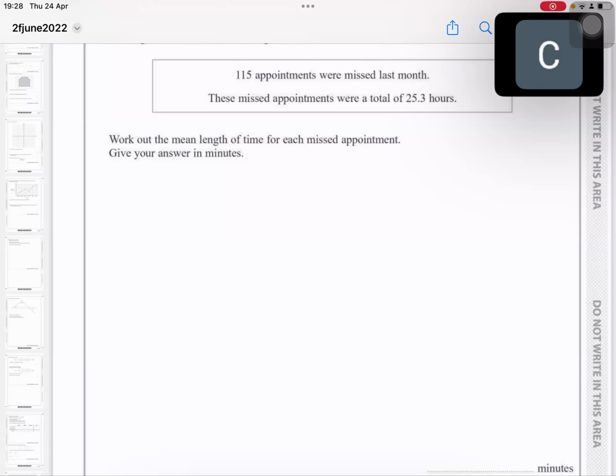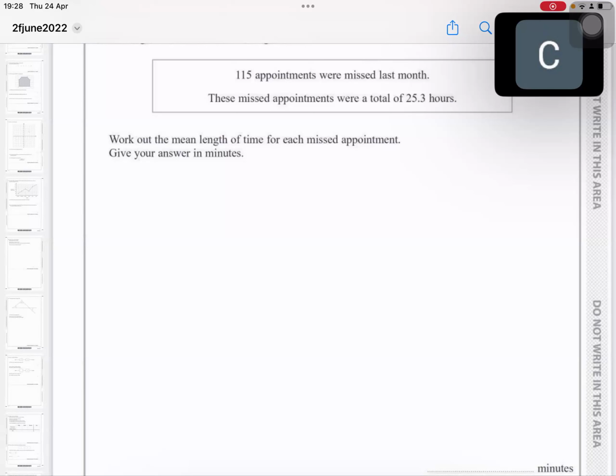Yes. But I think the best thing would be to convert 25.3 hours to minutes first. How would you do that? We'll multiply by 60, isn't it? Yes, 60 minutes make an hour.